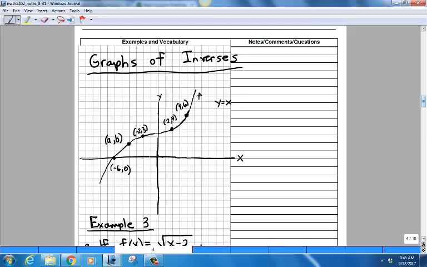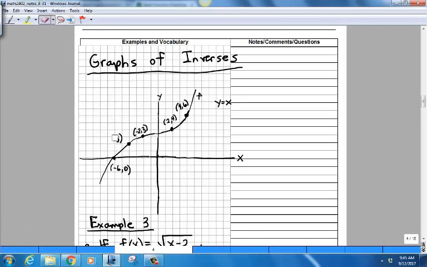Again, just remember what the inverse does is it flips the x and the y values. Since we've got some ordered pairs that are identified on this curve f, let's flip those x and y values, and then we'll know what ordered pairs are going to be on the graph of f inverse. So we have minus 6, 0.